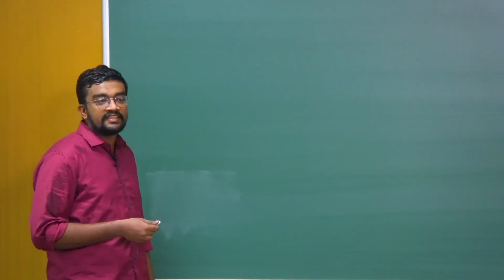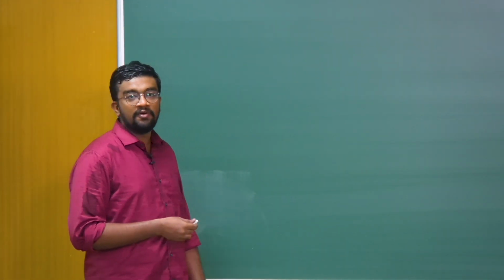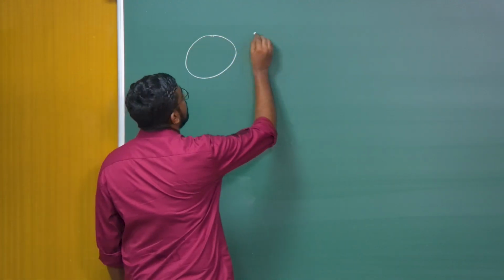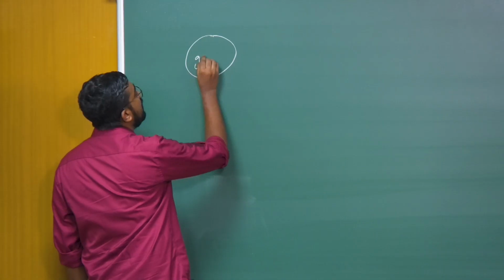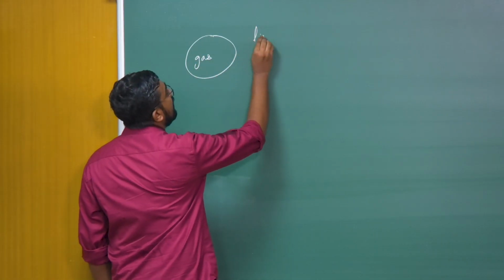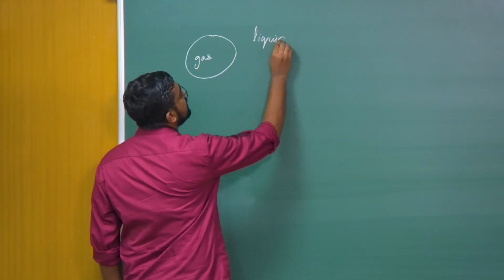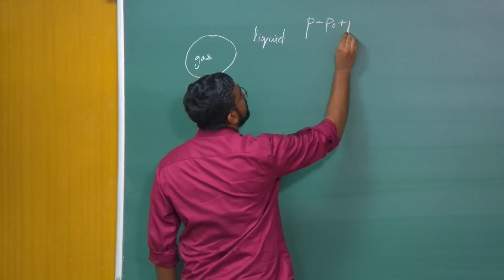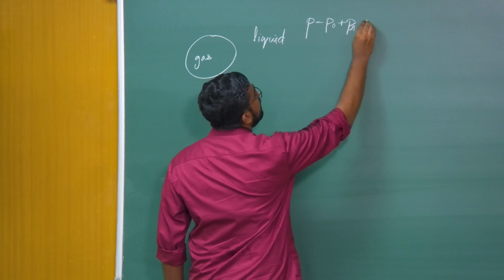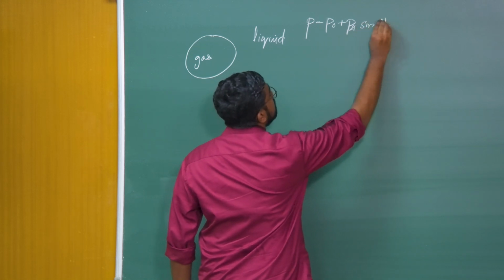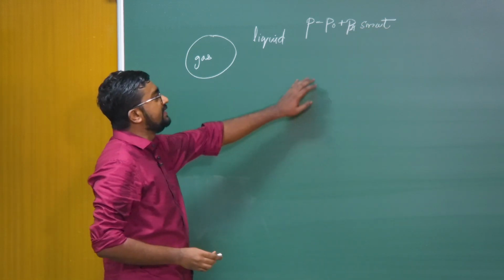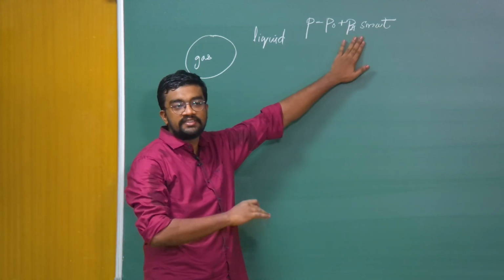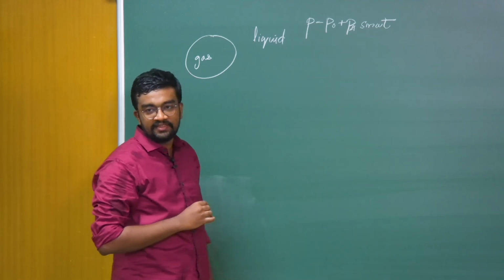So in yesterday's class, we were looking at a problem of a gas bubble in a quiescent liquid. This is a gas bubble in a quiescent liquid, and there were far field pressure oscillations, P equal to P0 plus PA sin omega t, where P0 was the equilibrium pressure and PA is the oscillation amplitude of the pressure.